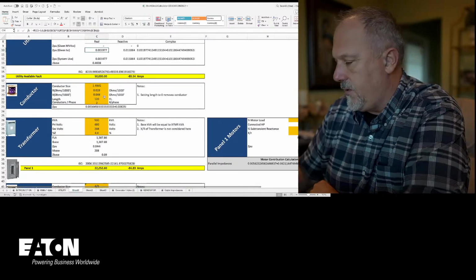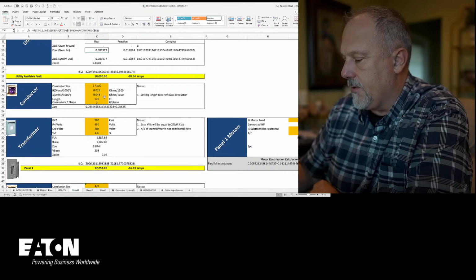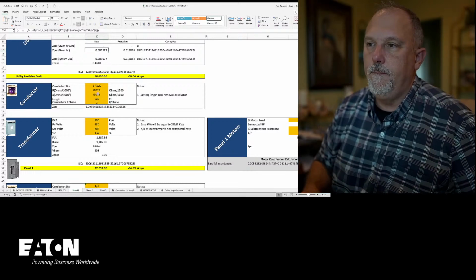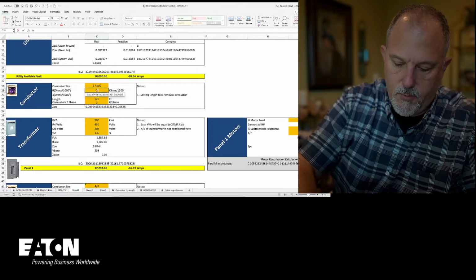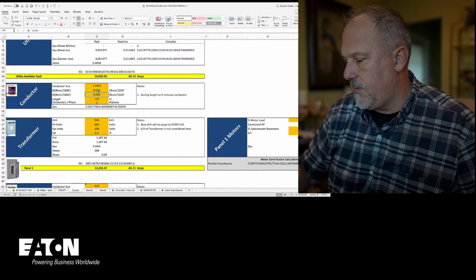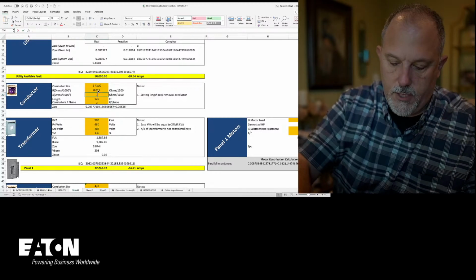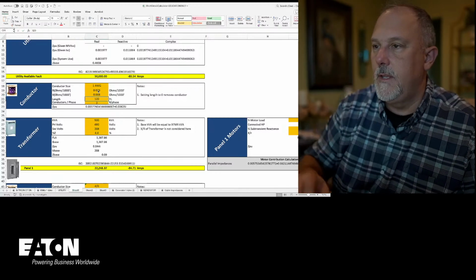Then I go to my conductor 1. Where's my conductor 1? 0.029. And my X is 0.048.